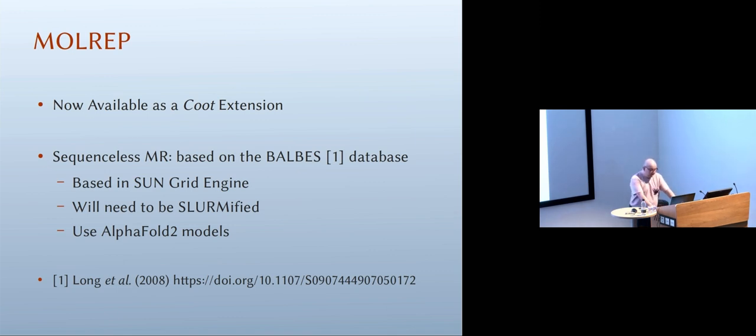They used to be using the Sun Grid Engine, and now they will need to be resurrected if we're going to work with Slurm. And instead of using the PDB, the protocol would be, I imagine, to be using AlphaFold instead to get a better or more accurate set of starting models for whatever it is you may have in your reconstruction.